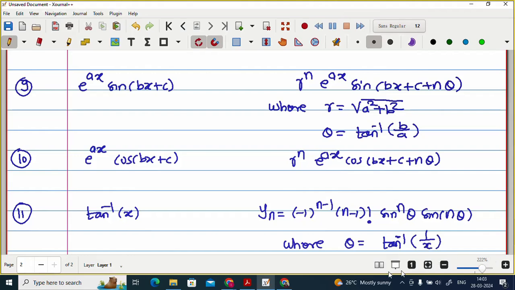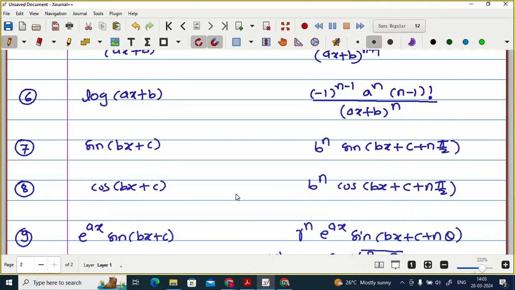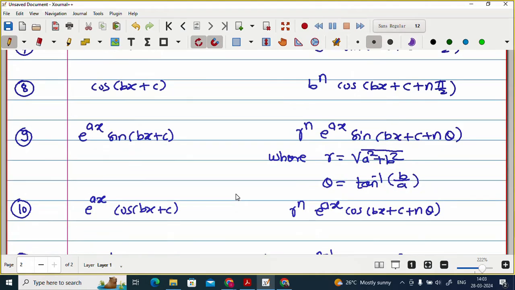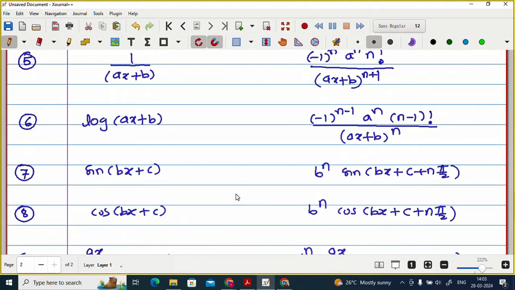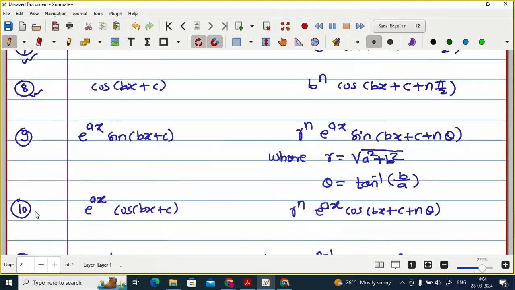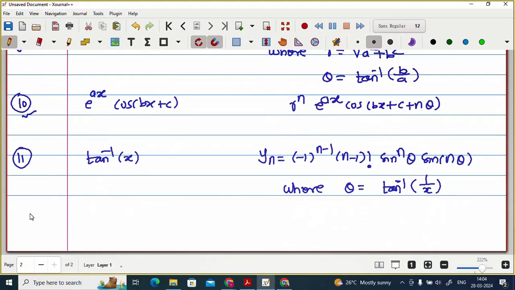So how many formulae have I written here? Approximately 11 formulae. From these 11, the most important ones, which will be useful in solving examples, are the sixth formula, then sine and cos of bx plus c, the ninth e raised to x sin bx plus c, then e raised to x cos bx plus c.